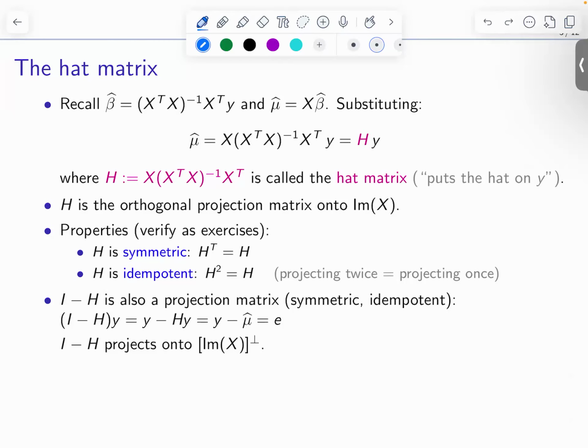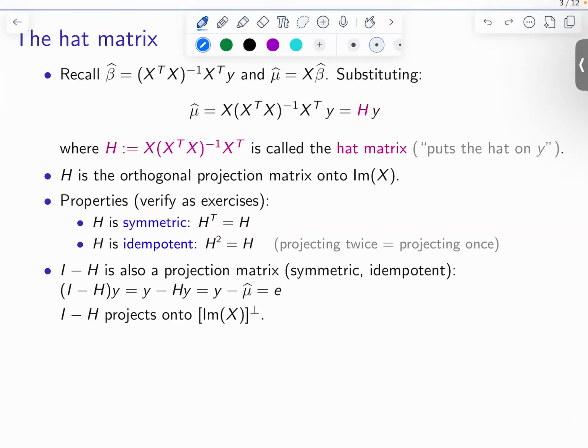What else? Another interesting point is that I minus H is also going to be a projection matrix. The easiest way to see this: first we note that the error can be written as y minus mu hat, which is y minus Hy, also (I minus H) times y.